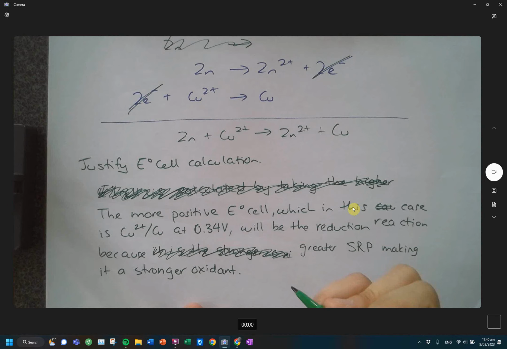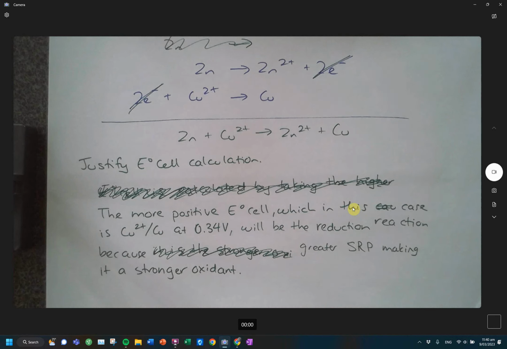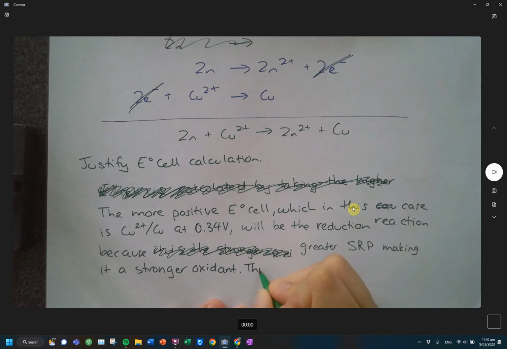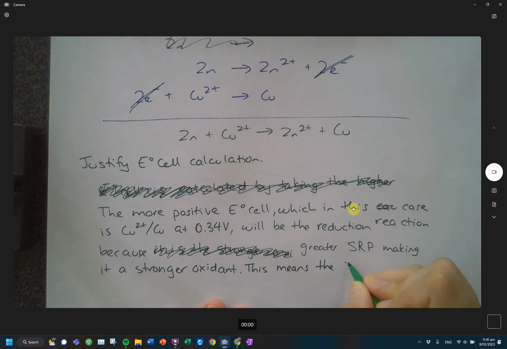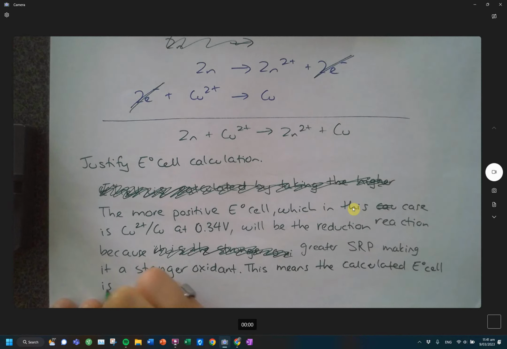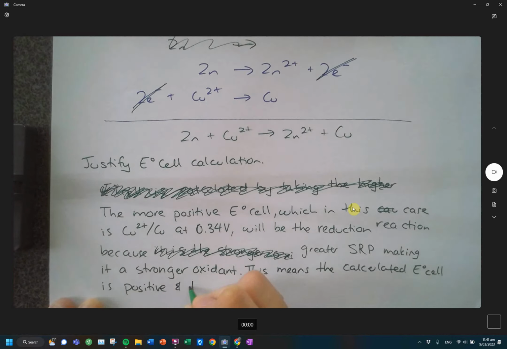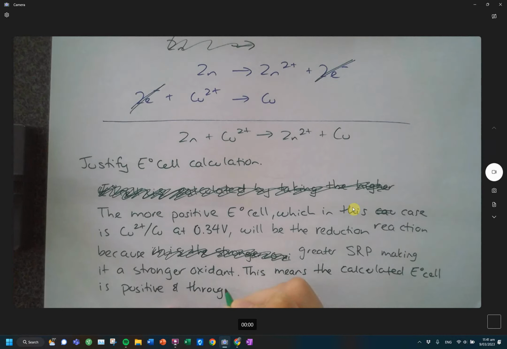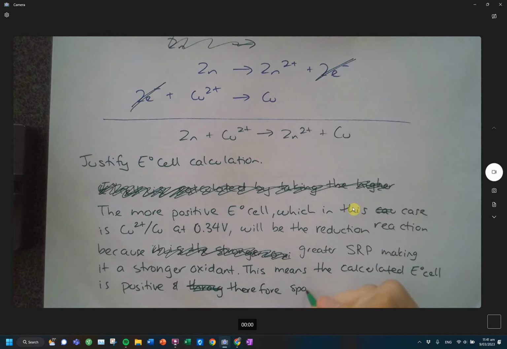And then the next thing I want is the calculated E cell is positive, and therefore spontaneous and releases how much energy?